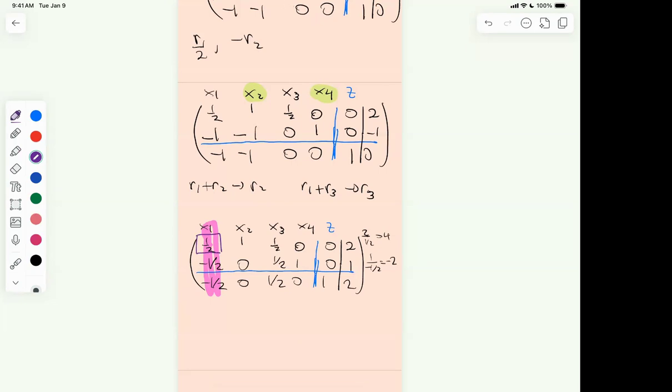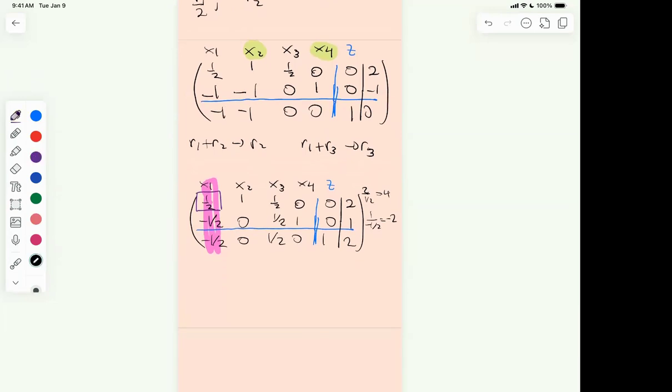And so I want to make that into a basic variable. So that means that I want to turn this first into a 1 and then use that 1 to make everywhere else zeros. So you do 2 row 1.